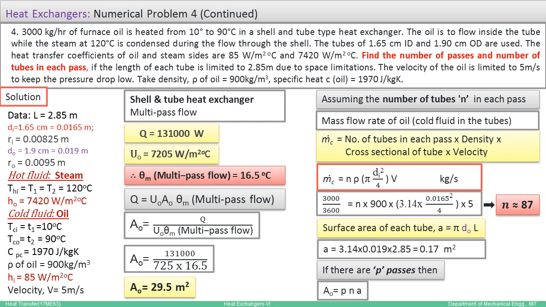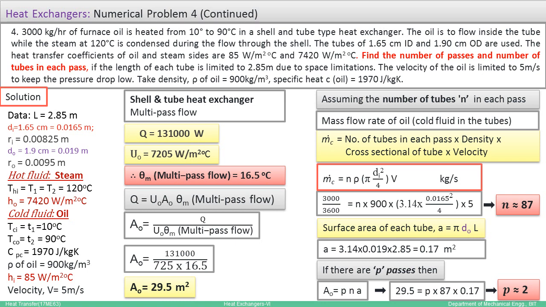In this case, we know small a and also n. A naught is calculated earlier. So number of passes can be found out by substituting those values. And now P becomes approximately equal to 2. You won't get a whole number. When you don't get it, you just approximate or round it off to the next whole number.